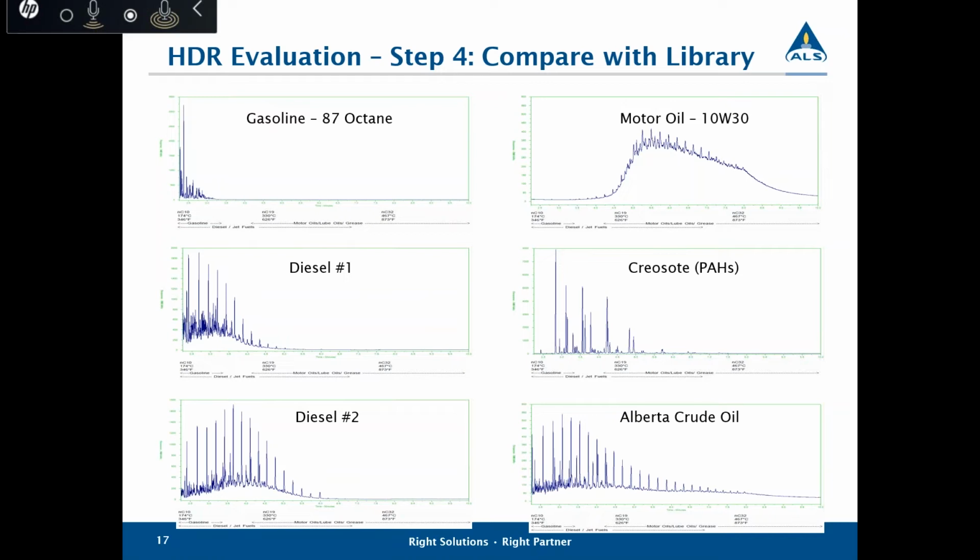So sometimes the hydrocarbons of your sample may not look exactly like the ones in our library, especially if the sample was exposed to a variety of processes in the environment and is weathered. But in this example, gasoline is the one which doesn't have the unresolved complex mixture, and in creosote the PAHs are also quite separated peaks.